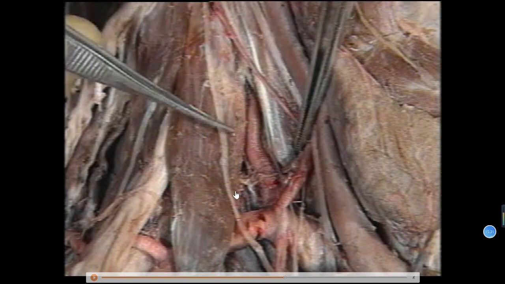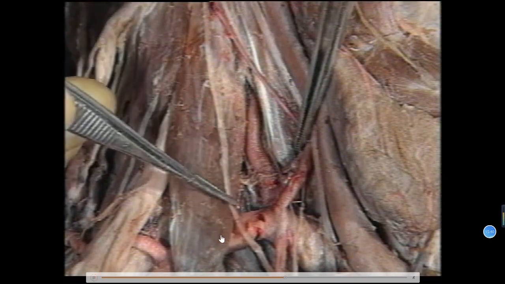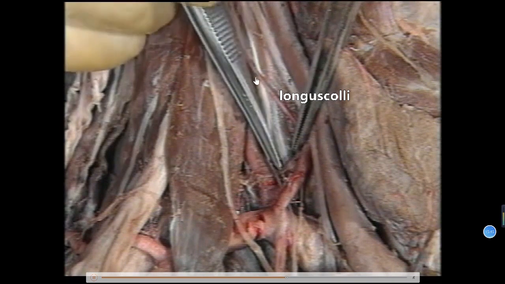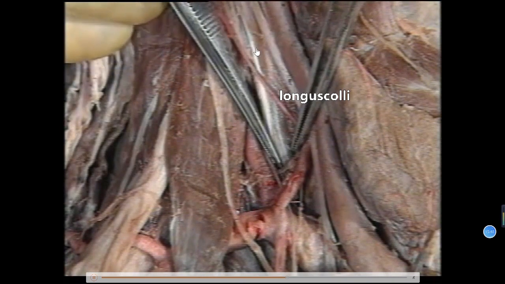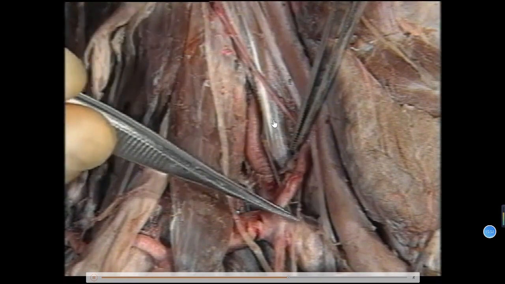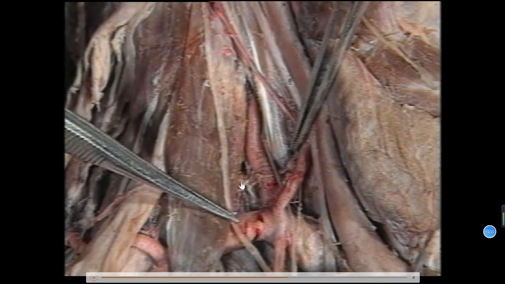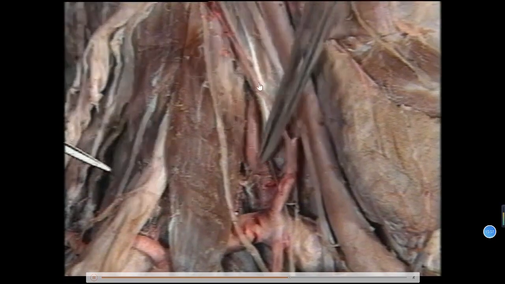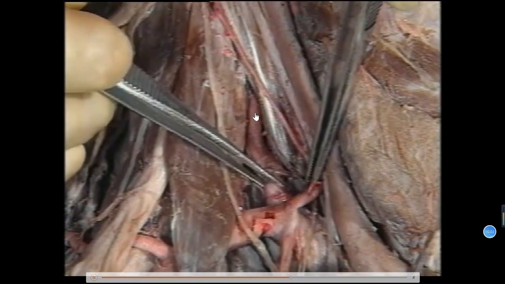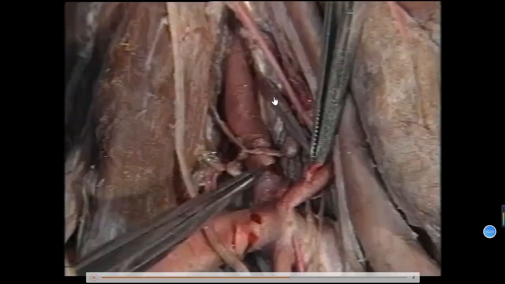Here, there's a triangle. The triangle of the vertebral artery is formed by the anterior border of scalenus anterior, the subclavian artery, and this one is the longus colli, a deep muscle of the neck. The main content of this triangle is the vertebral artery.